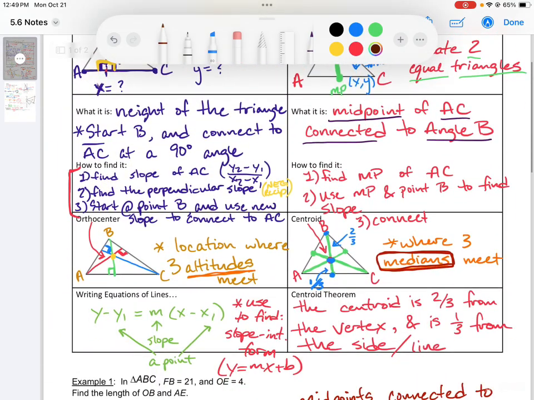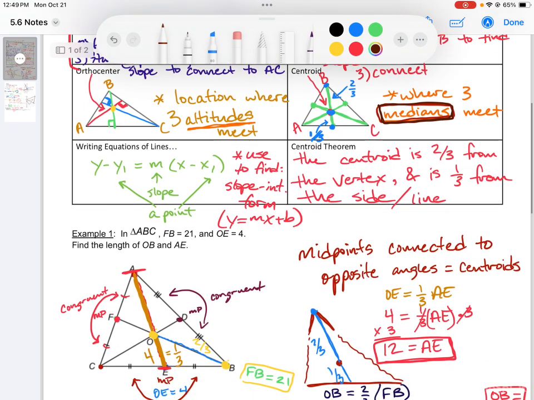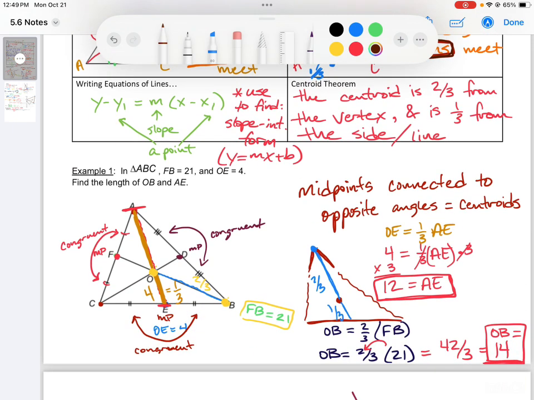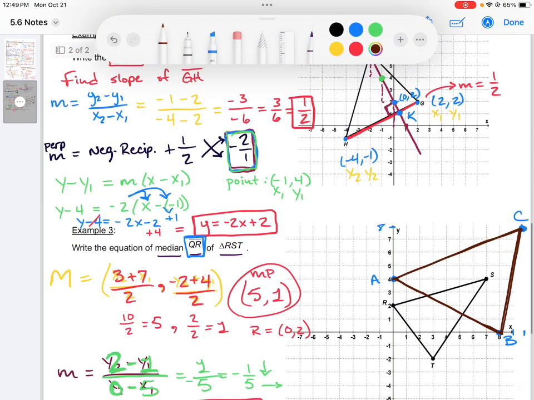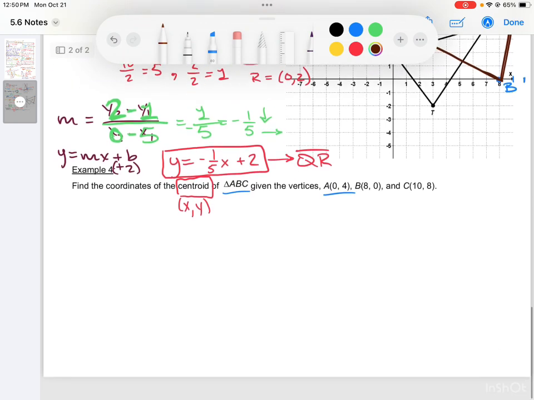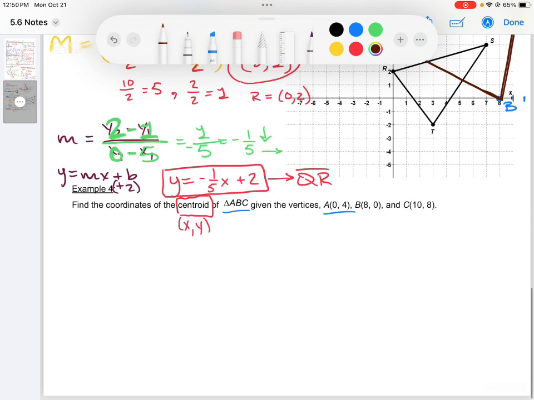So if I go back up to the top of my notes, the centroid is where all of the medians meet. It's where all of the medians meet. So that means I've got quite a few steps here, okay? I've got to find the midpoint of AC.